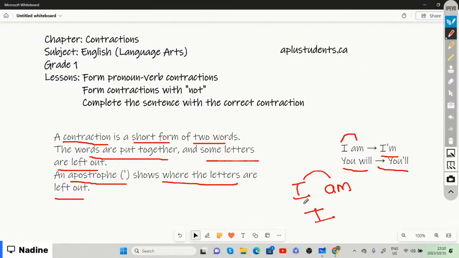So I stays the same. Now we're going to remove the A, and I basically put down the M. And whatever I am leaving out, we put an apostrophe in its place.